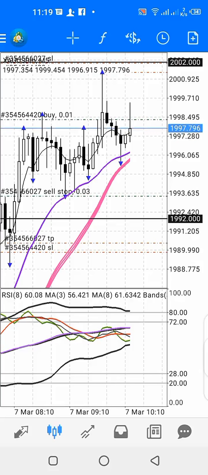So for you to have enough room in case you are trapped in a range, you need a minimum of $250 or $300 to start with 0.01.